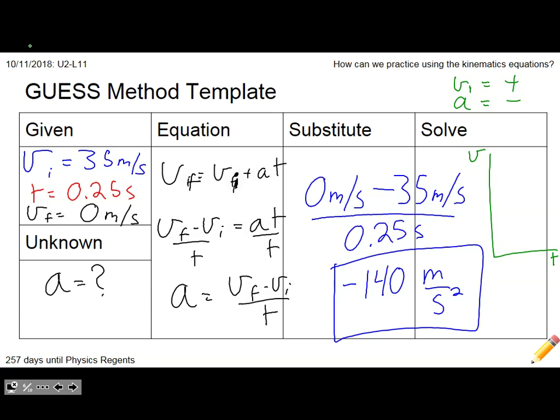If the initial velocity is positive, then our graph needs to start with a positive intercept, and it needs to have a positive slope, negative slope, or 0 slope. Negative slope. The acceleration is negative. The slope of a velocity versus time graph is the acceleration.